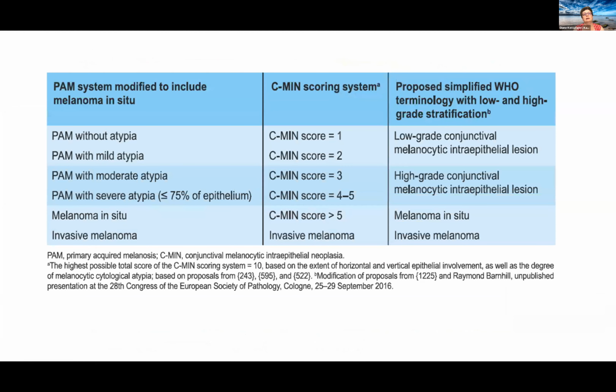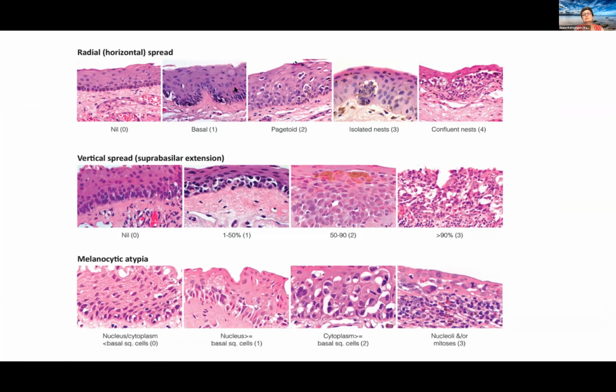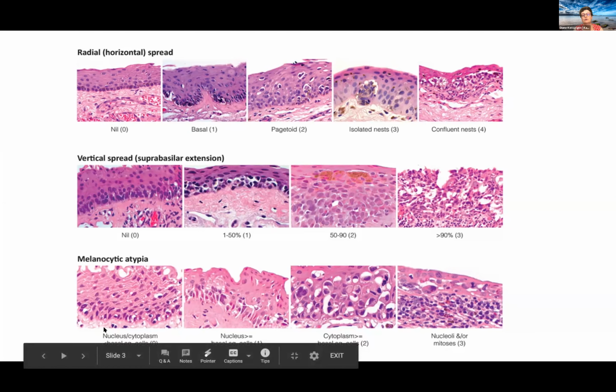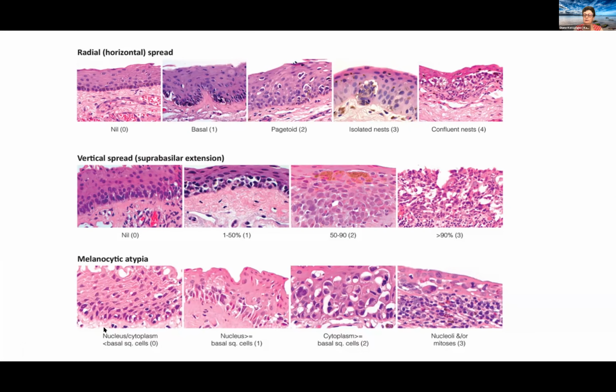And here we go. So PAM without atypia would be a Seaman score of 1, because we just have increased basal numbers, but we have 0 for vertical spread, and we have 0 for nucleocytoplasmic increase in size.